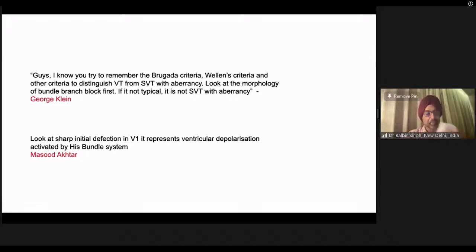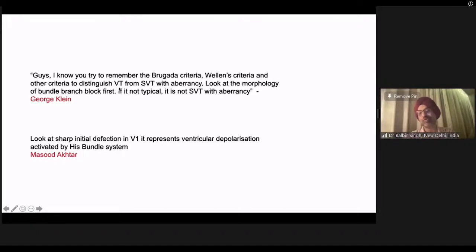Narasimhan was there at that time. And Masood took a lot of interest in this sharp initial deflection because he has done tremendous work in bundle branch reentry. So he said that if the initial deflection in V1 is sharp, it has to be activated by the His bundle system. Same is what George Klein has said.